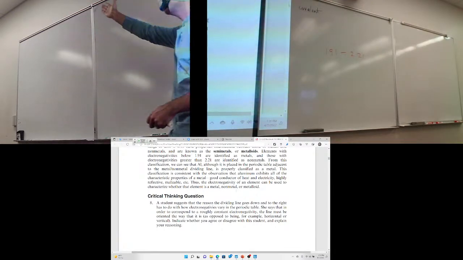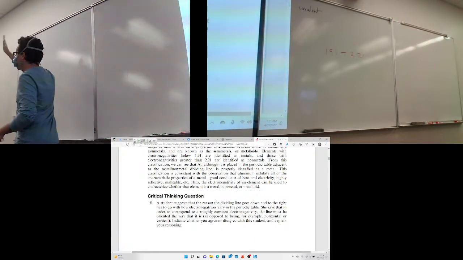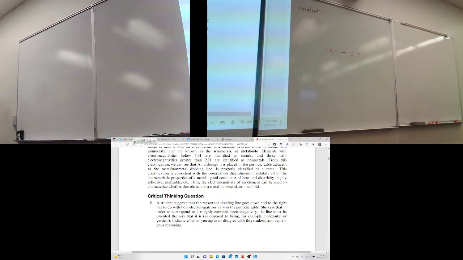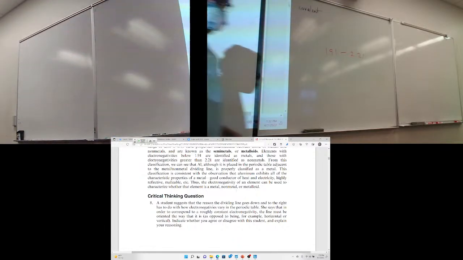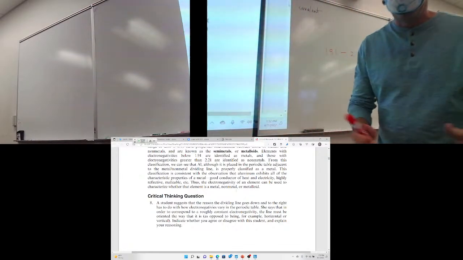Fluorine is the highest, so up and to the right is the highest. Down and to the left are the lowest. So if the electronegativities go up on a diagonal basis, then that middle ground where that range falls is going to happen along this diagonal. That's all they're trying to make you see. Just getting really familiar with the periodic table.